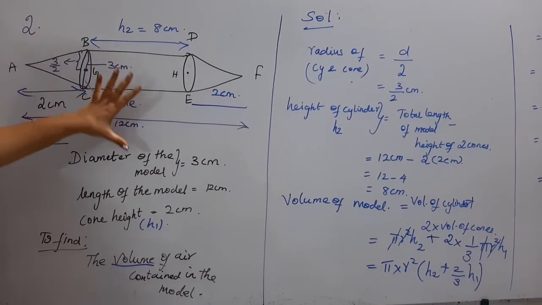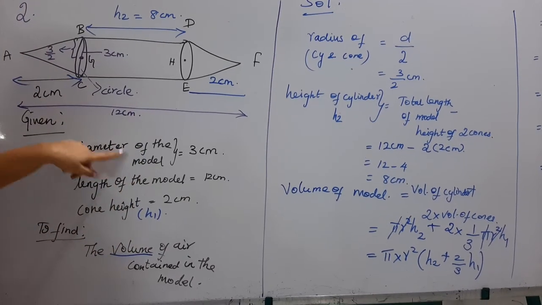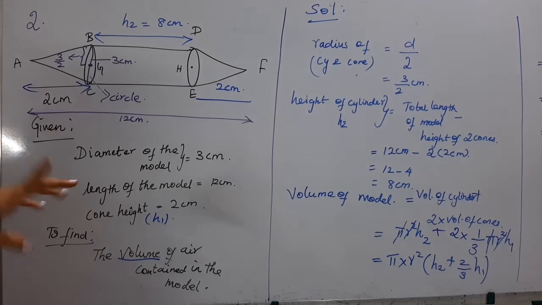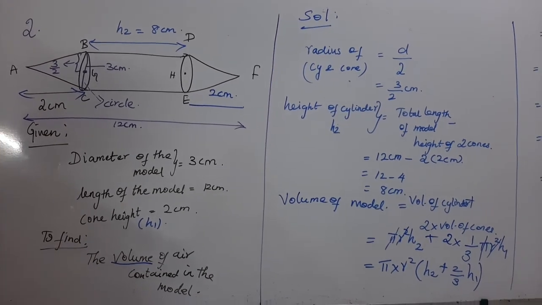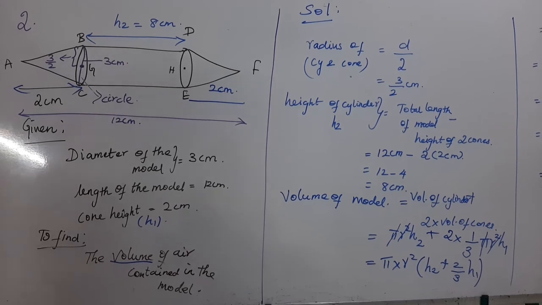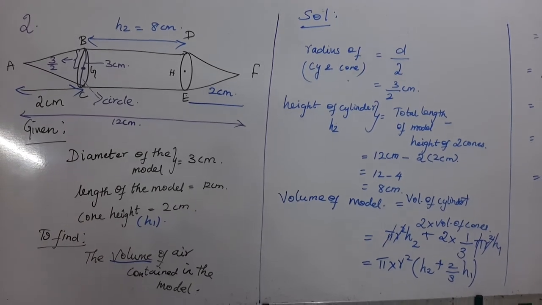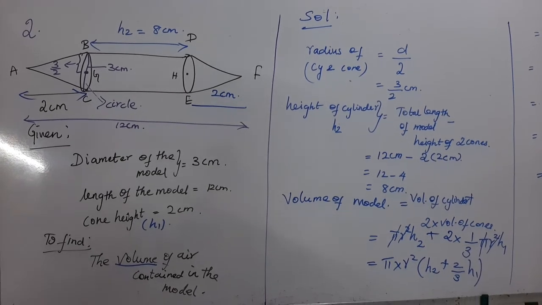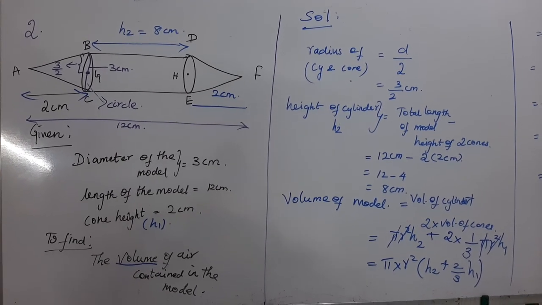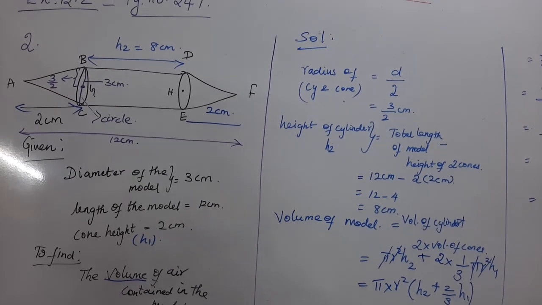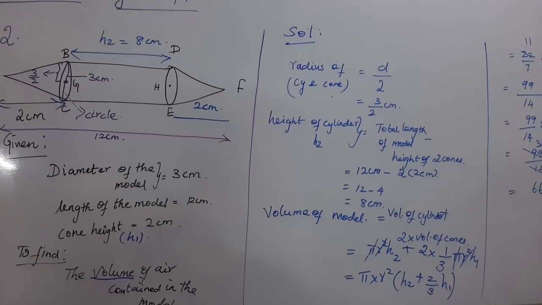Then find out all the dimensions like the diameter, radius, height, and then go for finding the volume of the model. Since it is volume, you need not think too much. After finding the basic solids, just substitute the formula for the basic solids and the values for all the dimensions and execute the arithmetic operations to get the volume. The volume here we got as 66 centimeter cube.